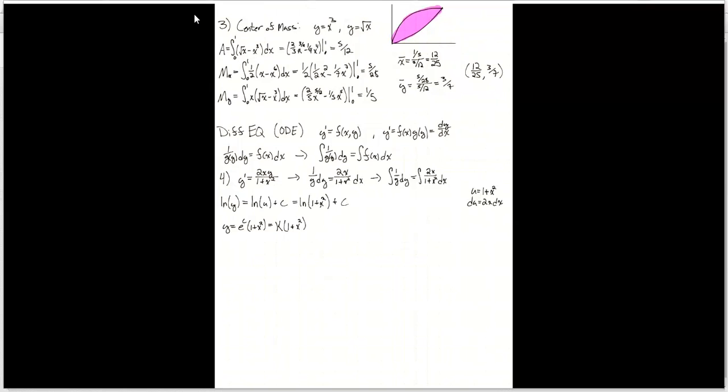Then we have k times the quantity 1 plus x squared. And you can check by taking this derivative that we indeed get the above relationship for y prime.